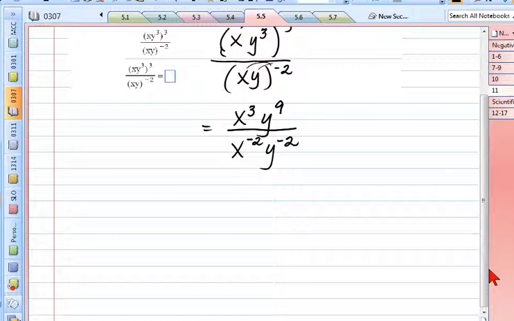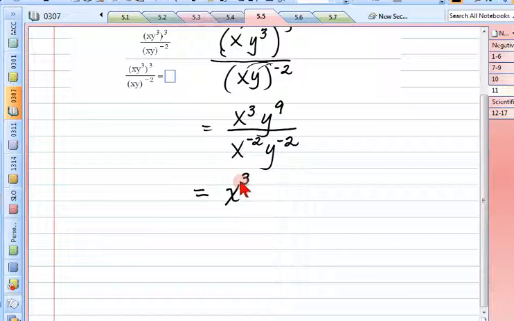Now I want you to be really careful and perhaps just look up and don't write yet. I don't have to use the product rule, but I do have to use the quotient rule because I have like bases on top and bottom. So when I do the x, what does the quotient rule say to do? Subtract. Write down the top exponent.